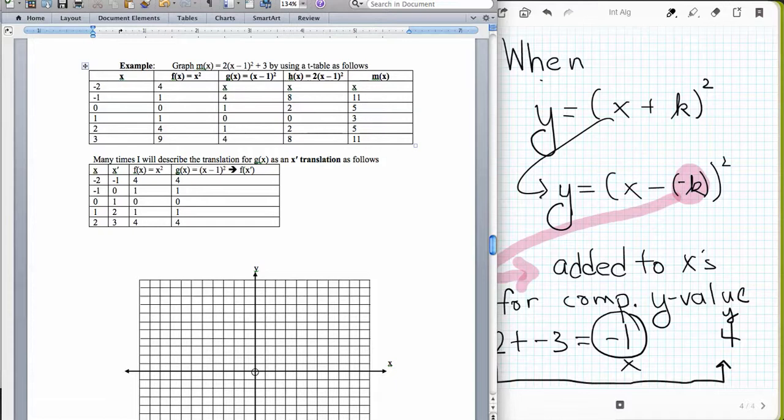So instead of rewriting the x's to an x prime, what I've done is I've moved the y values down by that 1. So I've added 1 to each of these values. So for a -2, I'm having my comparable y value at a -1. For a -1, my comparable y value is at 1, and so on.